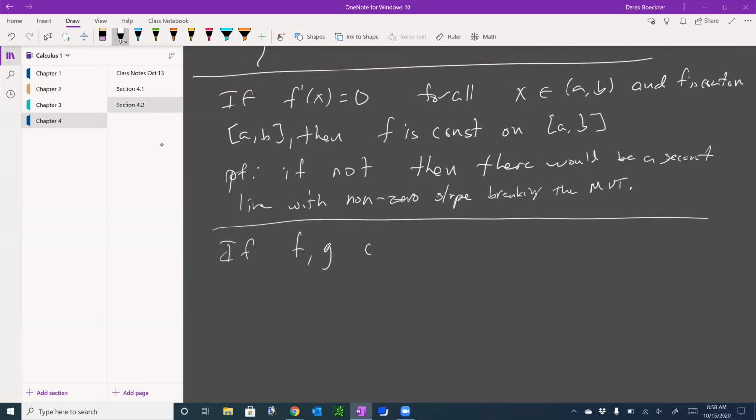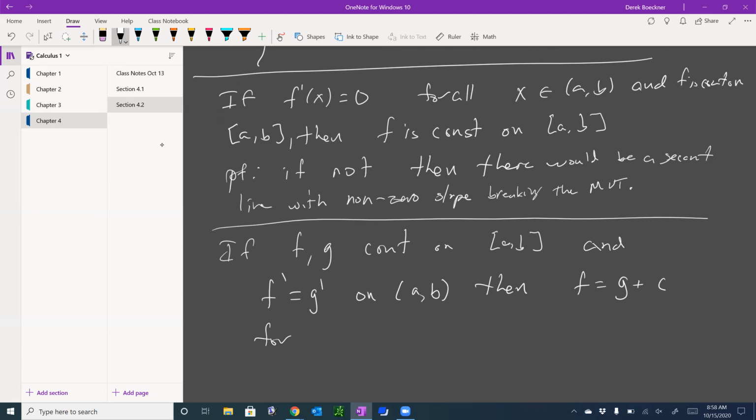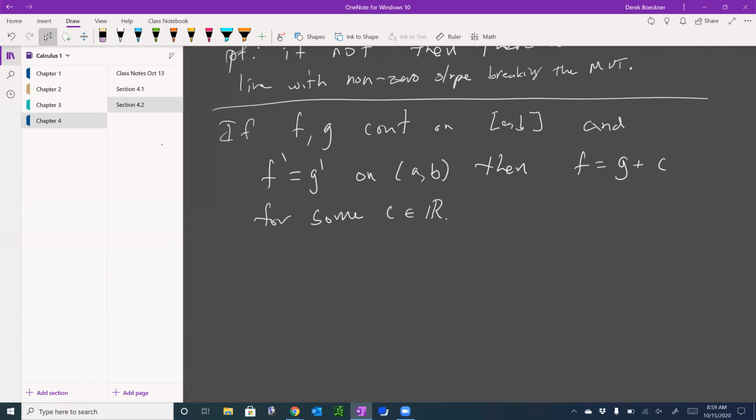If f and g are continuous on [A, B] and f prime equals g prime on the interior (A, B), then f equals g plus some constant. What does that say geometrically?